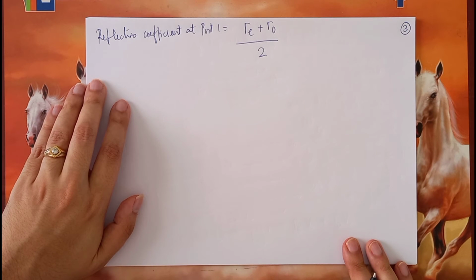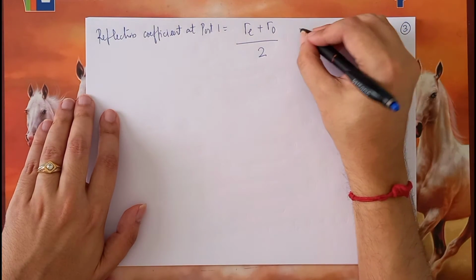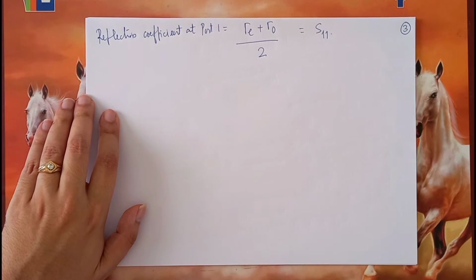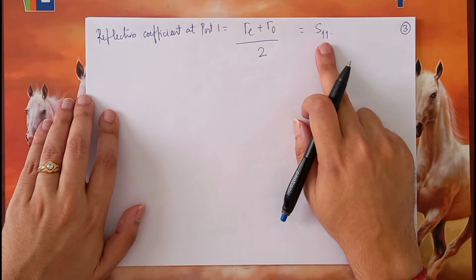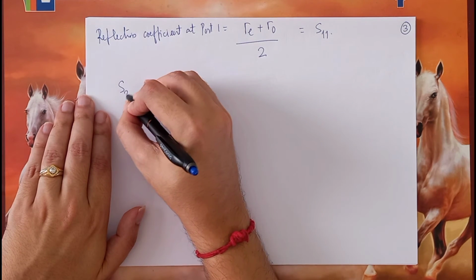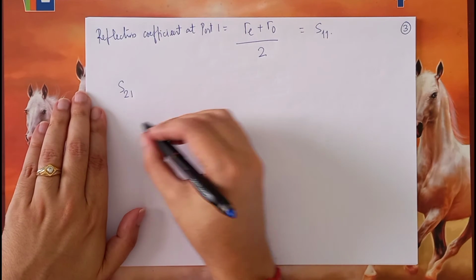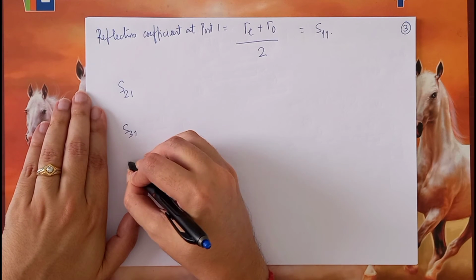That's all there is. This is nothing but S11, because reflection coefficient at port 1 means input at port 1, output at port 1. Using similar analysis with the even and odd modes, we can define the remaining S parameters with respect to port 1, that is S21, S31 and S41.